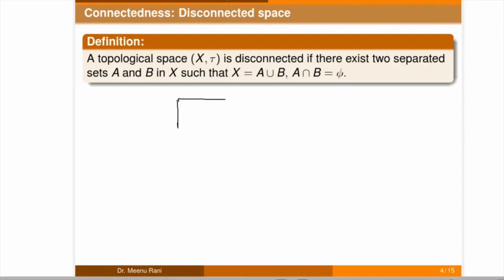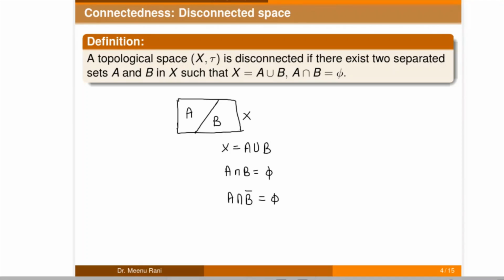So if we take any topological space X and if we break this X into two parts, A and B, and these are separated sets, then we can write X as a union of A and B, and also these are disjoint, and it also satisfies the separated condition that A intersection B closure is empty and A closure intersection B is also empty. Then we can say that X is a disconnected space.